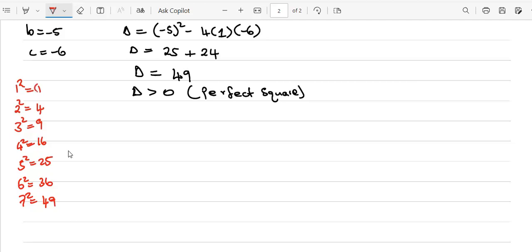So our perfect squares are 1, 4, 9, 16, 25, 36, 49. Those are your perfect squares.